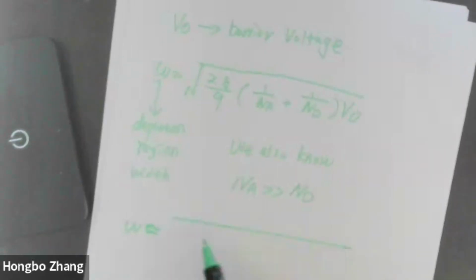So W can be approximated as 2 times the permittivity divided by Q. This NA we just ignore because it is far bigger than ND, so it becomes 1 divided by ND, multiplied by VO.